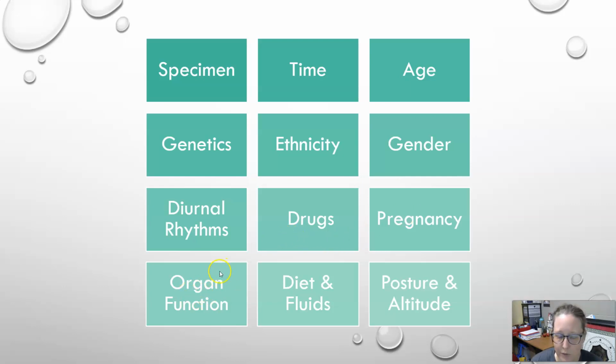For organ function, as we age, some of the organ function may decline. So that ties again into age. But an example would be somebody that has COPD, so chronic obstructive pulmonary disease, or emphysema.